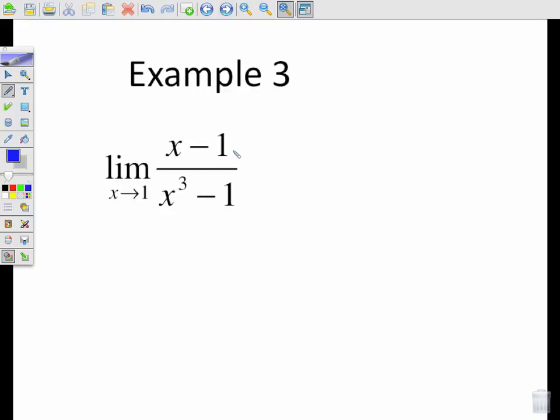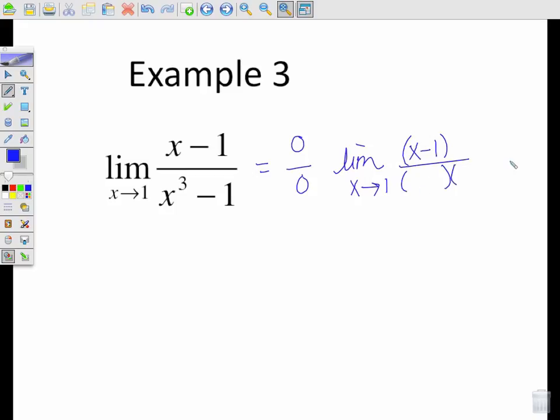All right, let's look at one more example. The limit as x approaches 1 of x minus 1 over x to the third minus 1. Again, this gives us 0 over 0. So we are going to write the limit as x approaches 1, on top we have x minus 1, and on bottom I need to factor.